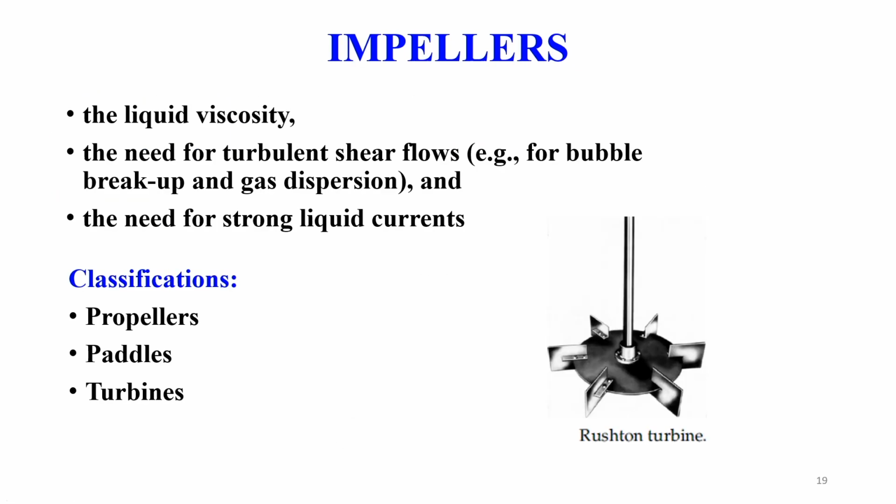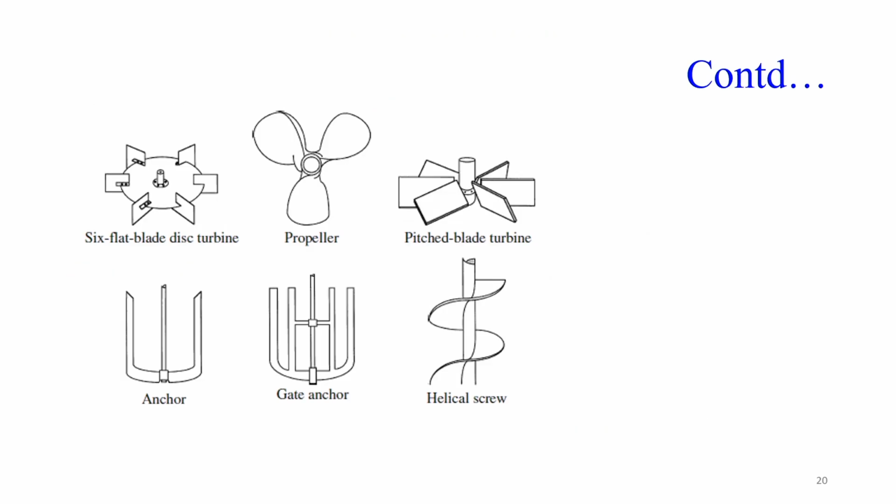Now there are different types of impellers. The choice of impeller depends on the liquid viscosity and the level of turbulence required. We can classify them as propeller, paddle and turbine. These are the three broad categories, and it depends on their design patterns. You can see the propeller has blades attached directly on the axis or the shaft.